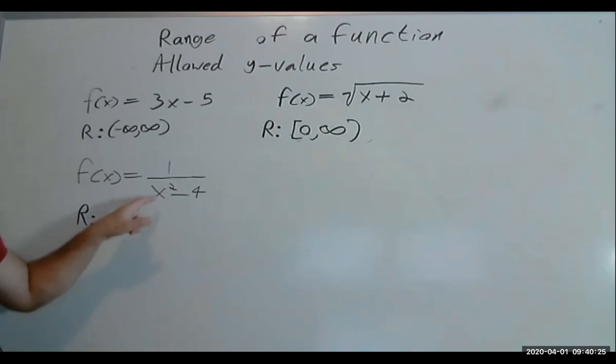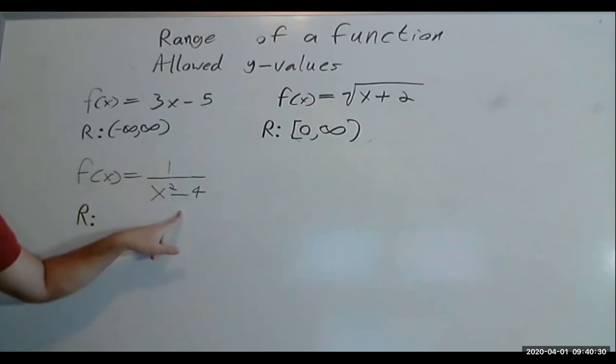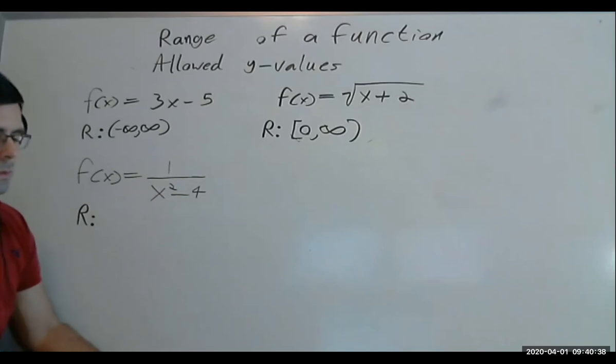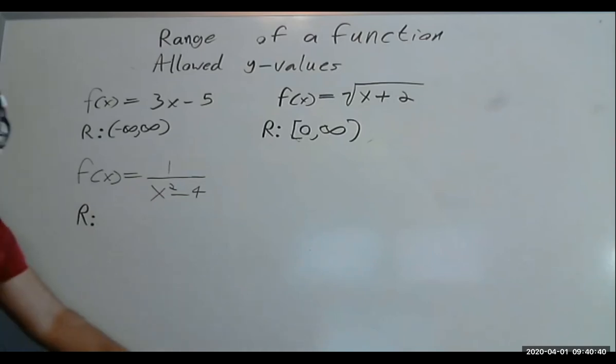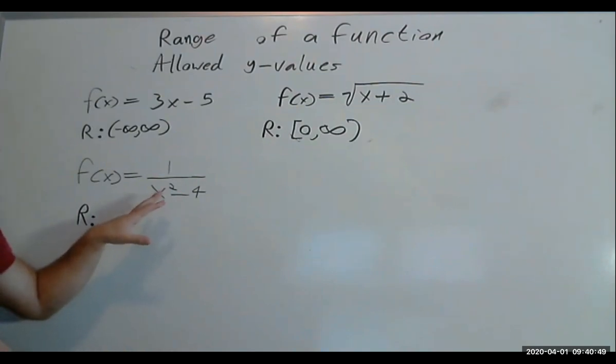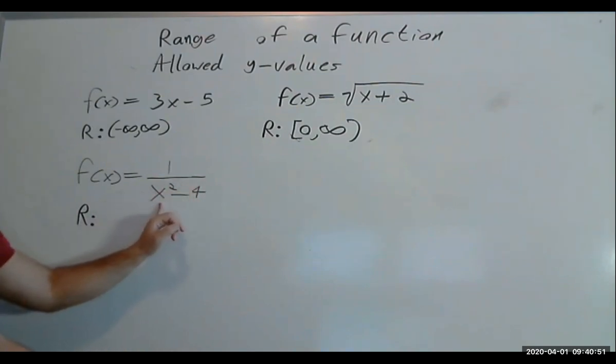So if you put in 0 for this, you get 1 over -4. You put in 1 for that, you get 1 over -3. So you can't ever get lower. You keep going further negative.